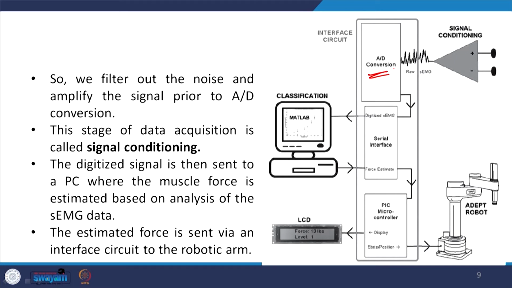This stage of data acquisition is what we call signal conditioning, and this digitized signal can be sent to a PC where muscle force is estimated based on the analysis of SEMG data, and the estimated force is sent via an interfacing circuit to the robotic arm.